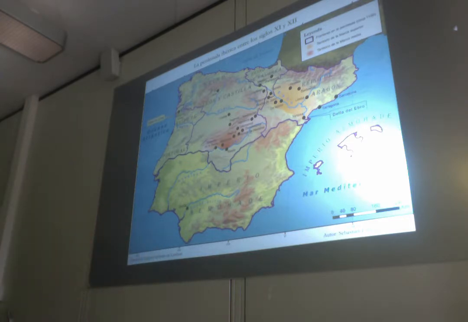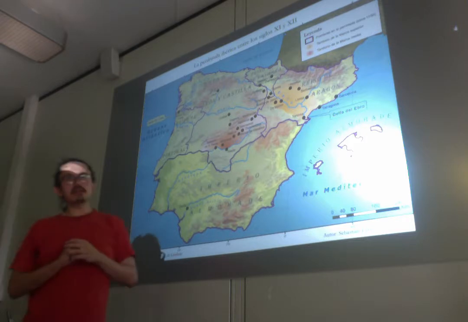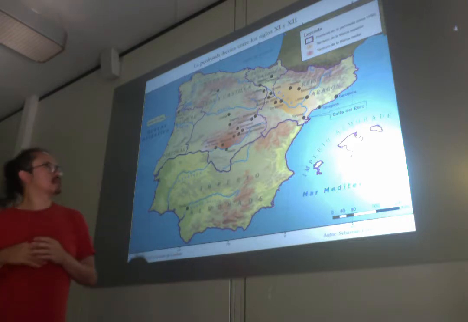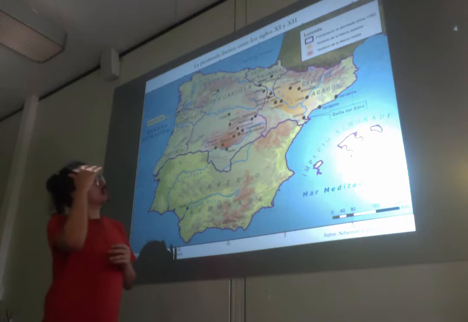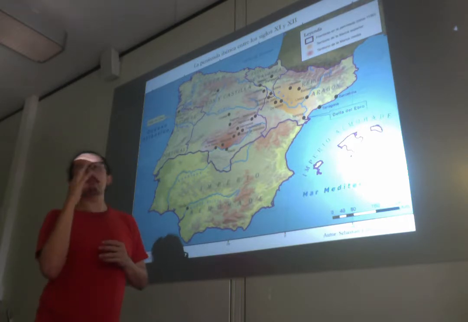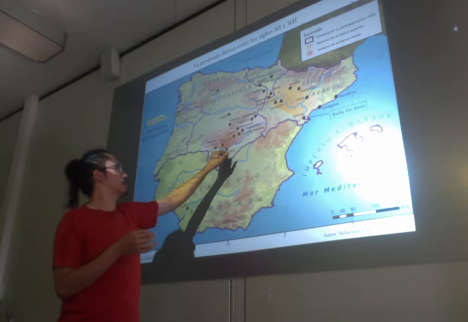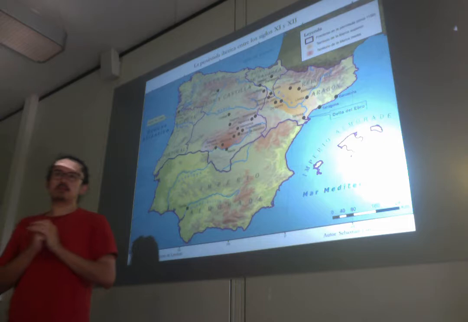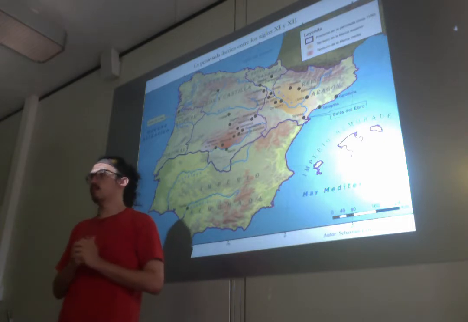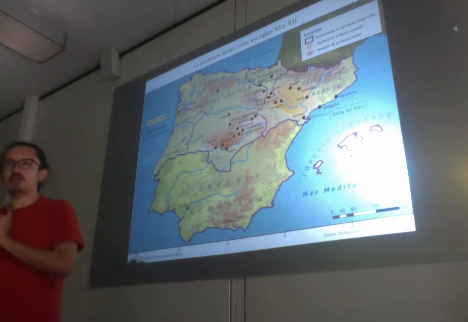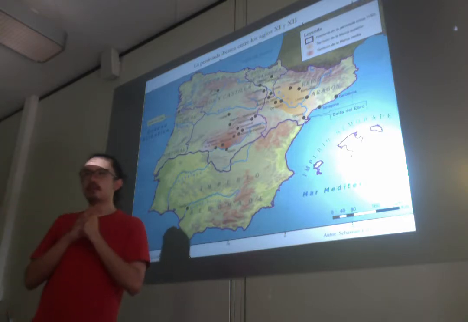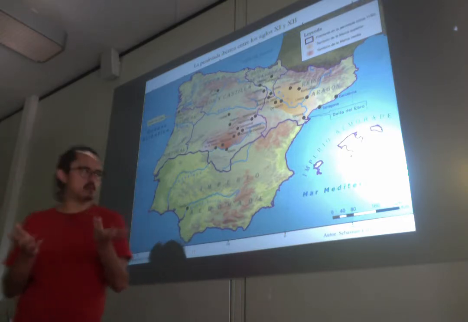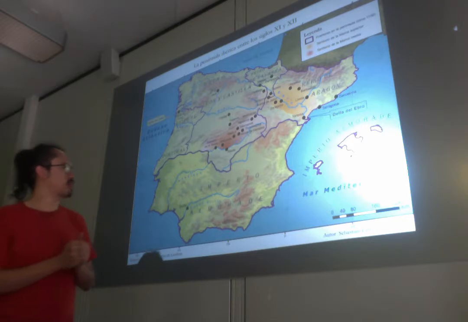Just to point out the main translating movements, we will see this in another slide. The main translating movement took place in Toledo. People have talked about the School of Translators of Toledo. I won't address this particularly, but I will address it briefly.